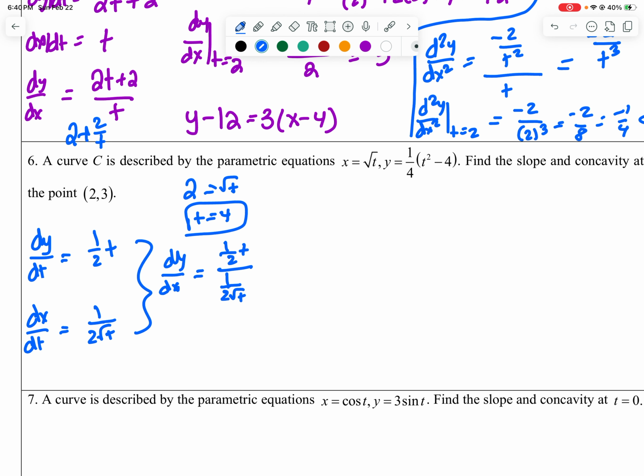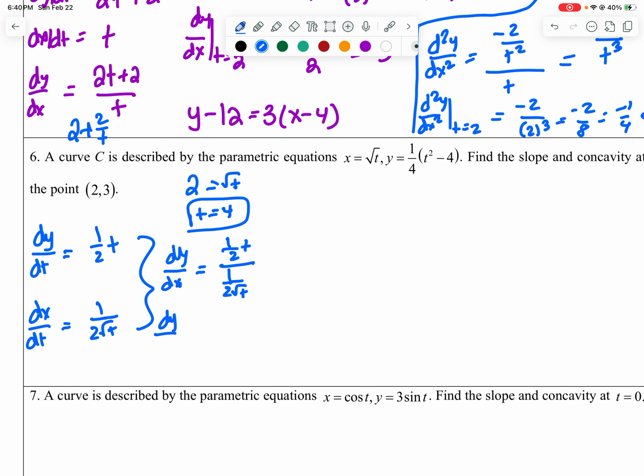And then I'm going to plug in 4. So if I plug in 4, the top is going to be 2, and then the bottom is going to be 4. And then if I were to simplify this a little bit, that's going to give me 8. Which means that my tangent line equation is going to be y minus 3 is equal to 8 times x minus 2.